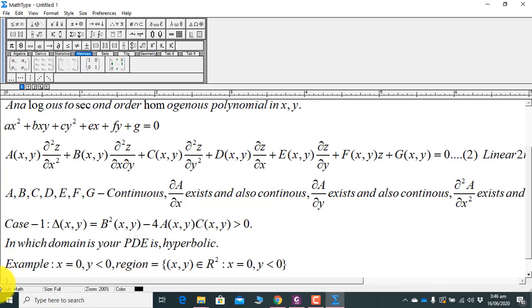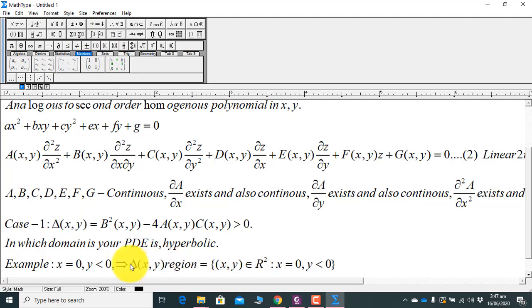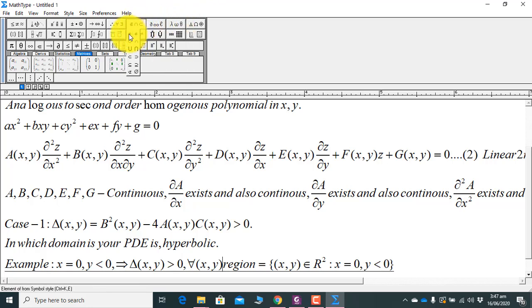If, for example, x equal to 0 and y negative, then delta is positive. So you will say this is positive for all x, y belonging to this region.